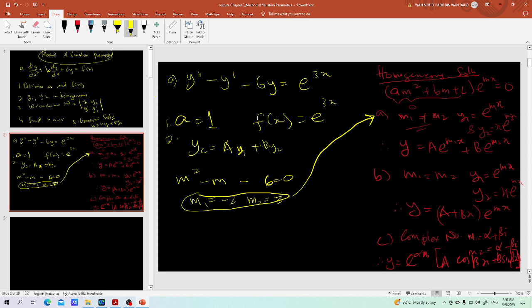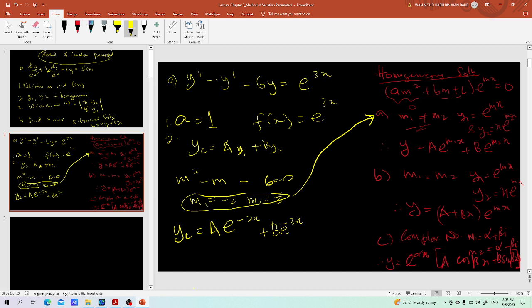So we will have y equals yc equals a e -2x plus b e 3x.